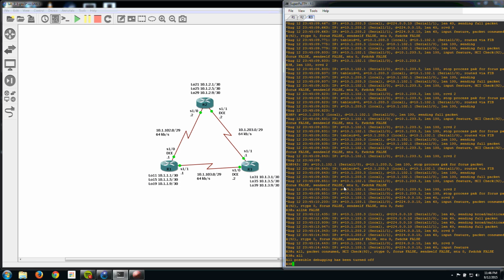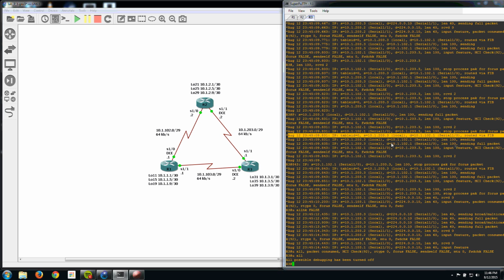Alright, so what we want to look for is we've got to parse through here a little bit because there's other stuff going on. IP table ID 0. We have this guy. So it's going to 102.1.